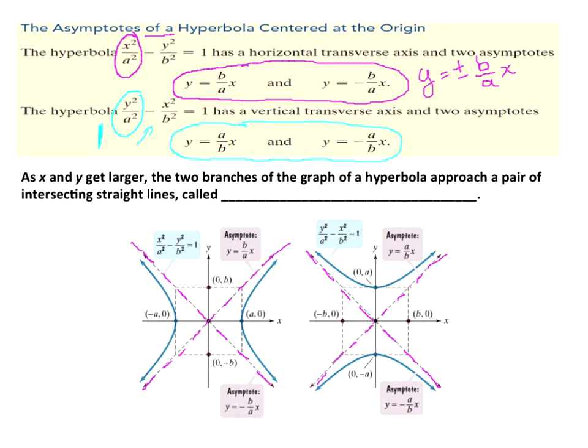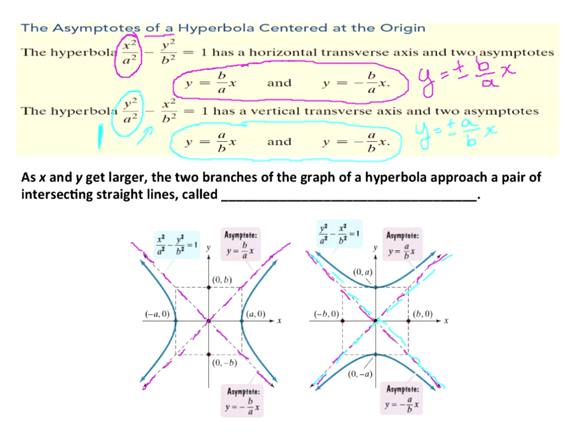And I'll spare you the nasty mathematics. So positive and negative a over b times x are the equations of these particular asymptotes. So there we go.